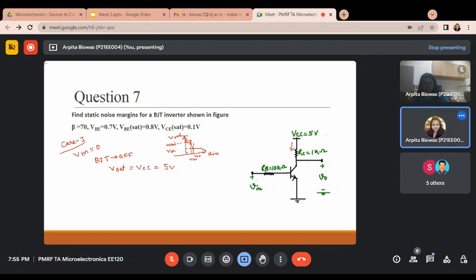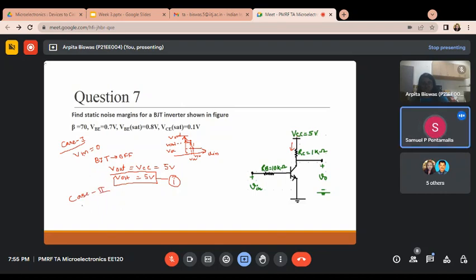Then this is the V output high, 5 volt. The first equation. And now take the second case.